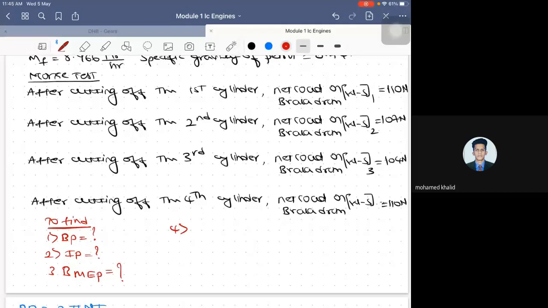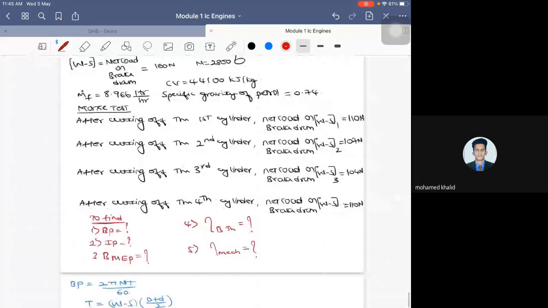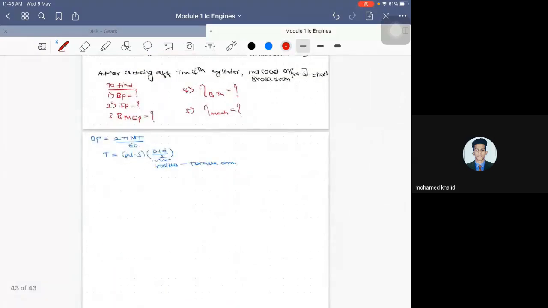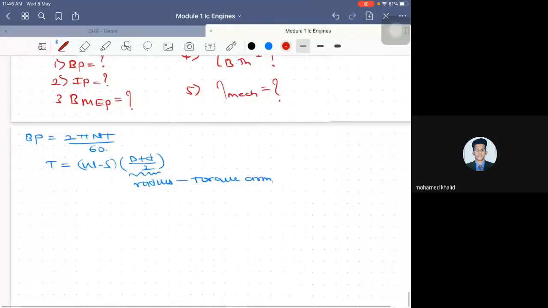Fourth, brake thermal efficiency. And the fifth one is the mechanical efficiency. So this is the problem. Getting it? Shall we start the solution for this?